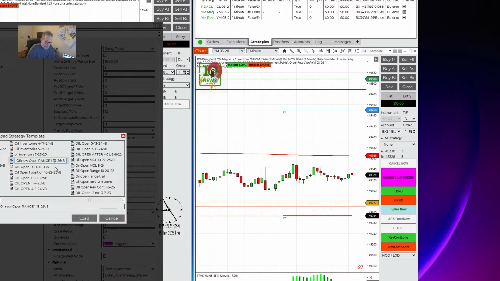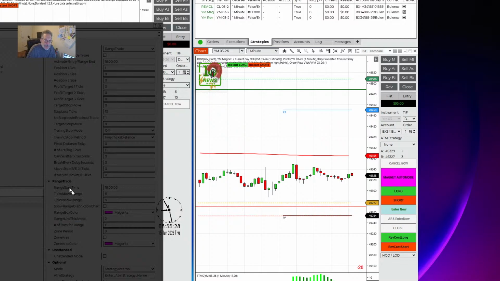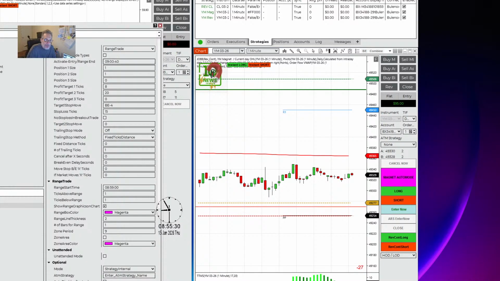Today's the 15th. When you load it, it saves it. So it's a range trade. We end the range at 90040. Position 1 is a 1, position 2 is a 1, target 1 is 8, target 2 is 20.